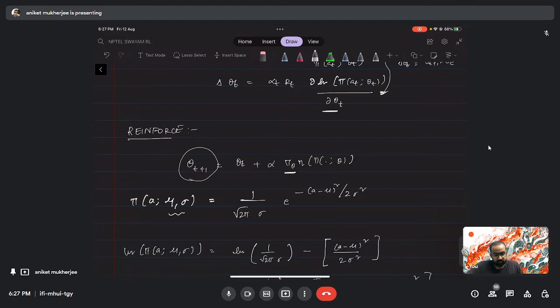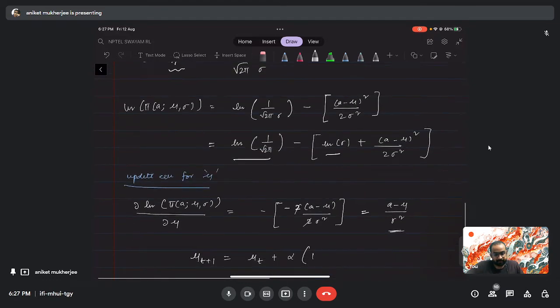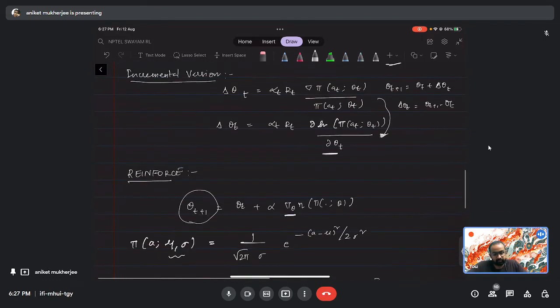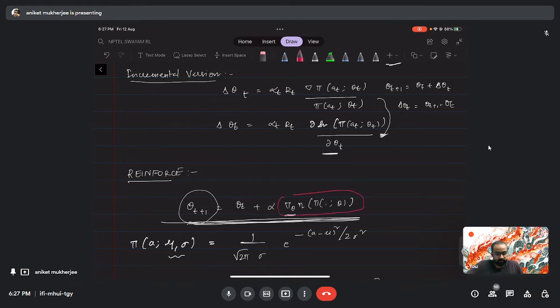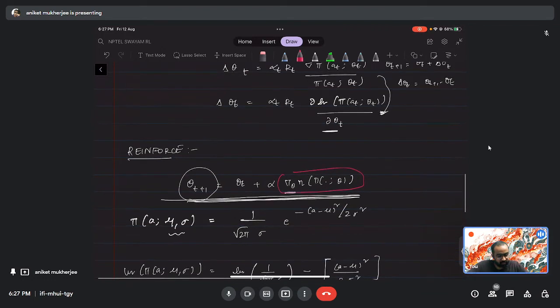Why 1 minus? What does the reinforcement algorithm tell you? Okay, this one, and I just calculated this. I hope it's clear. Not this, sorry, this one, the delta, the below one.